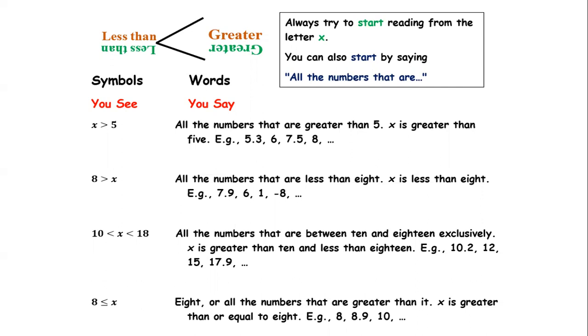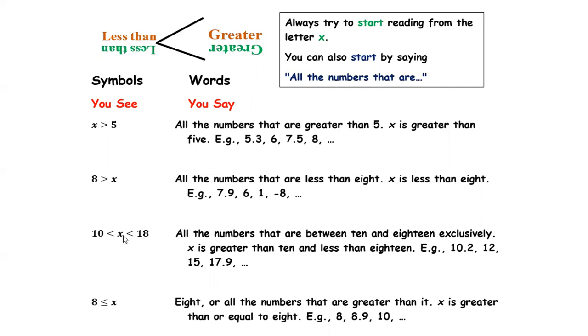X is greater than 10, as you can see, all the numbers that are greater than 10 and all the numbers that are less than 18. Numbers like 10.2, 12, 15, 17.9, 16.5. All the numbers that are greater than 10 and they are also less than 18.